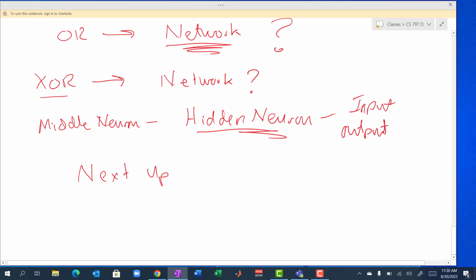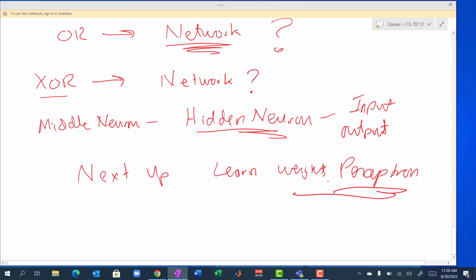Next up, in the next lecture, is going to be, well, how do we learn the weights for a perceptron? Which means we're not just making up the network from scratch. We can actually use a strategy where we learn how to create networks that produce the outputs that we want.